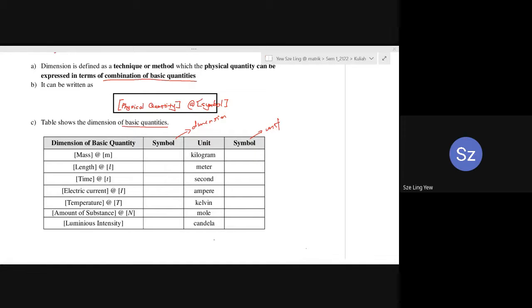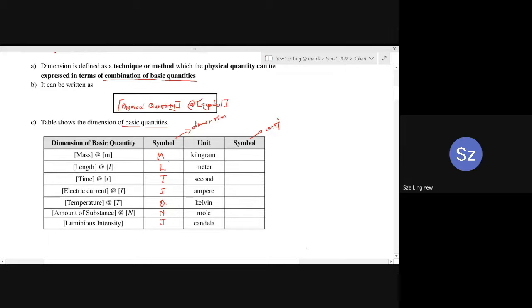For symbol of dimension, mass is capital letter M, length is capital letter L, time is capital letter T, electric current is capital letter I, temperature is theta, amount of substance is capital letter N, and luminous intensity is capital letter J.